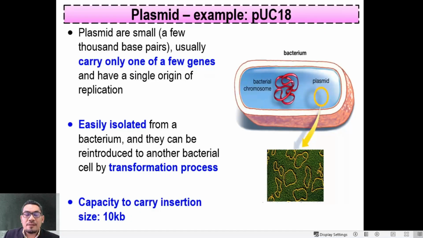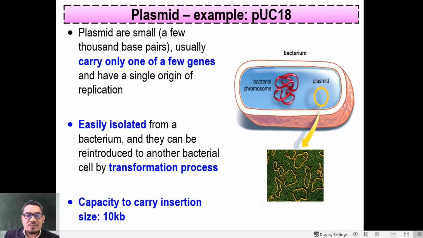The first type of DNA cloning vector is plasmid, example pUC18. Plasmids are small, usually carry only one or a few genes and have a single origin of replication.